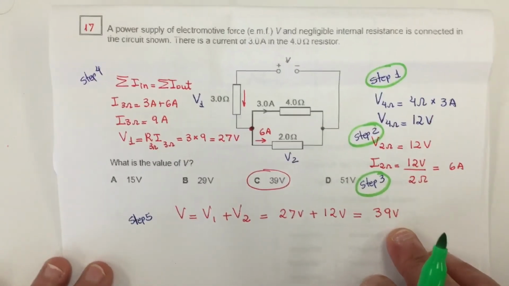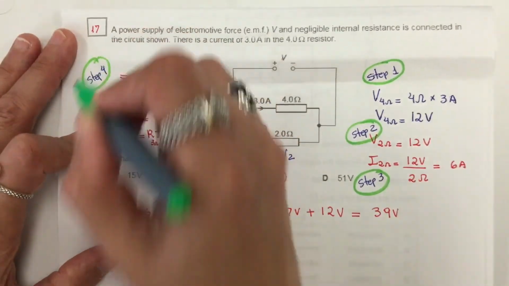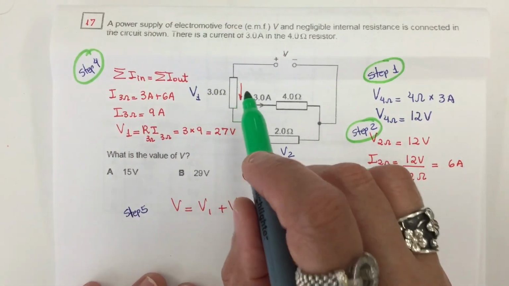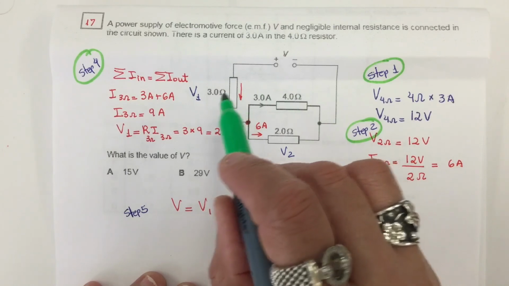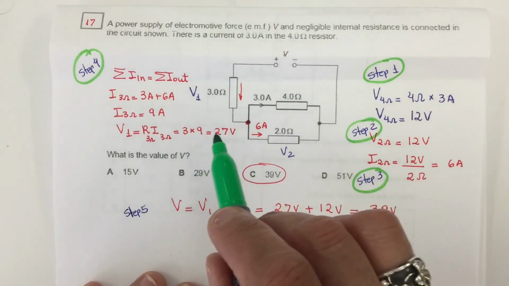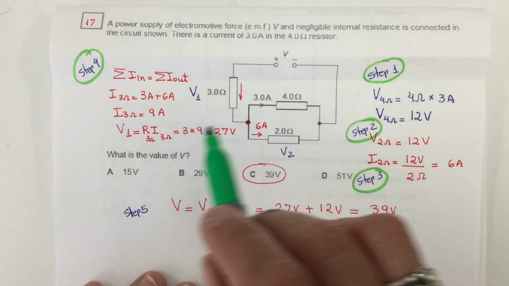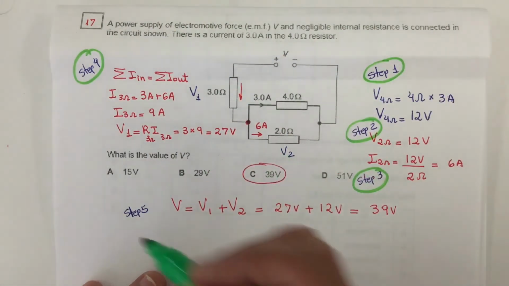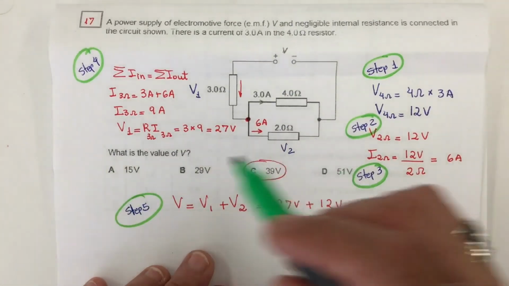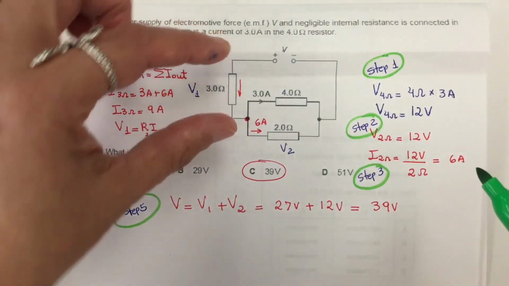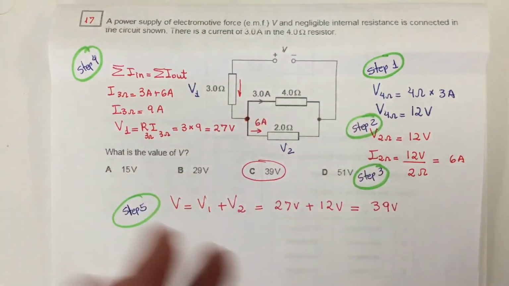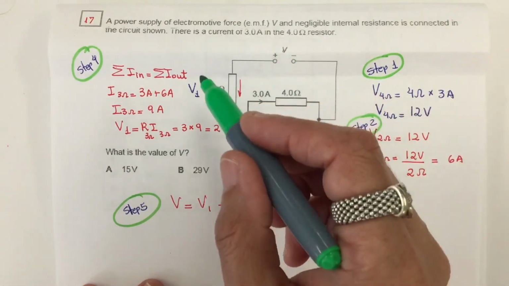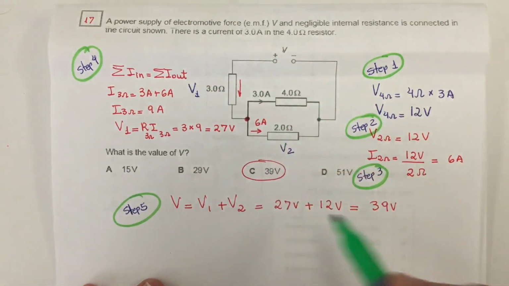Now I move to step 4. In step 4, I use Kirchhoff's first law and I calculate the current flowing in this resistor. And then I use this information and I calculate the voltage across this resistor, which is 27. Finally, I add this voltage with this one, because we can easily figure out the voltage here is V1 plus V2, so 39.